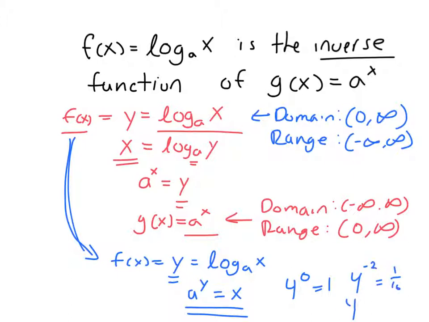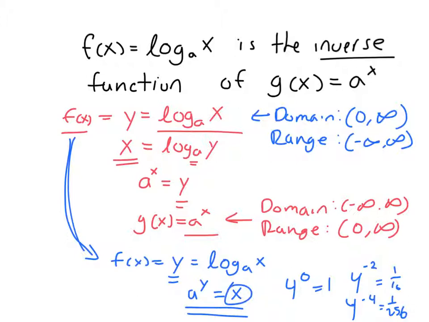If you take 4 to the power negative 4, that would be 1 over 256. It's getting really small, and we can make it even smaller, but it's never going to reach 0.